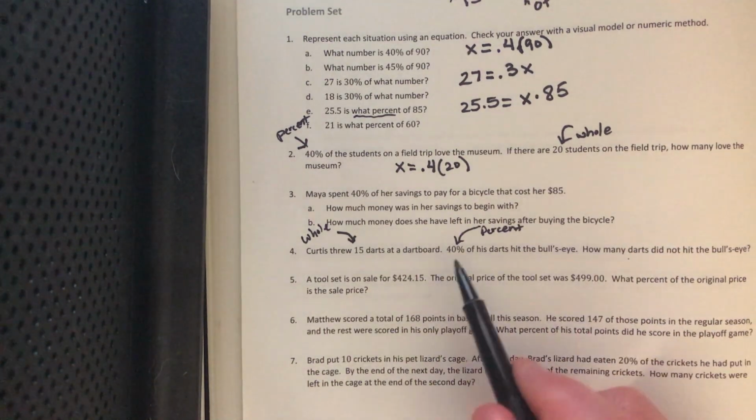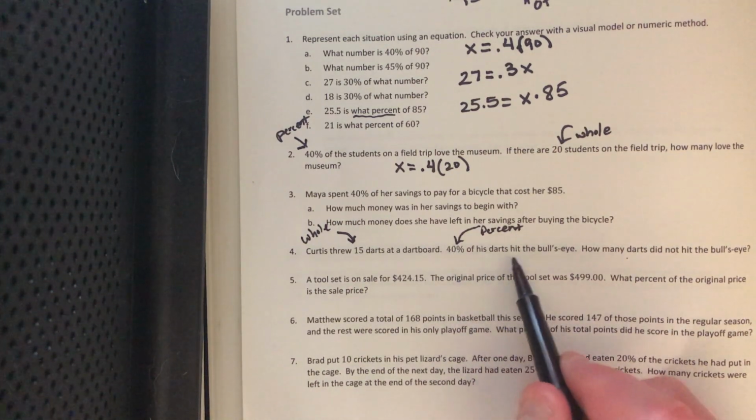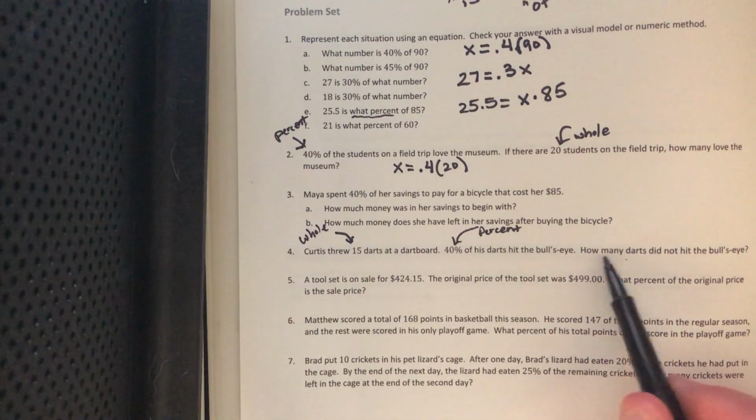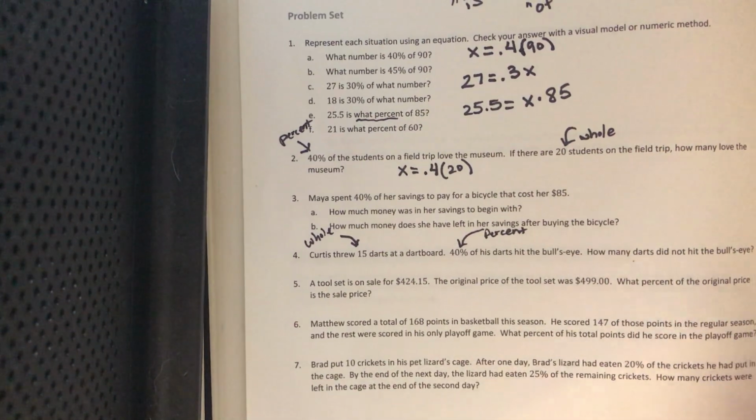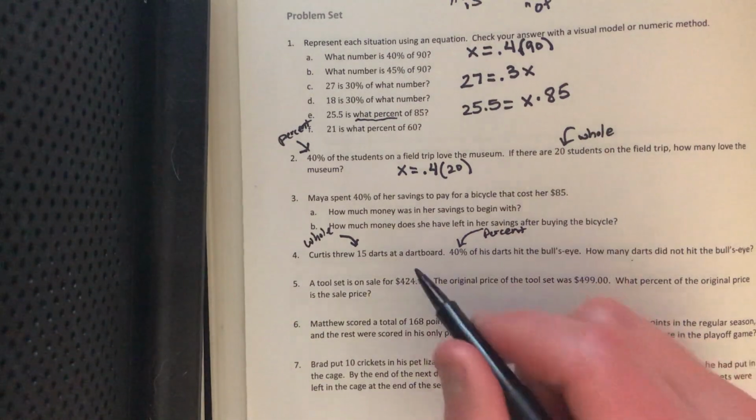There's another way. You could think, well, if 40% of his darts did hit the bullseye, what percent of his darts did not hit the bullseye? Well, if 100% is total and 40% hit, then 60% did not hit. And that's actually how I'm going to do it.